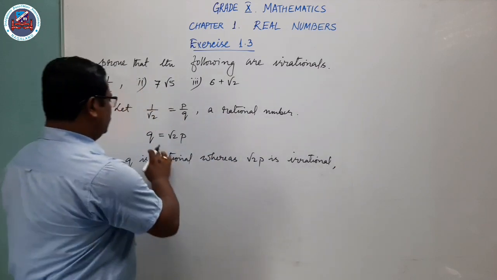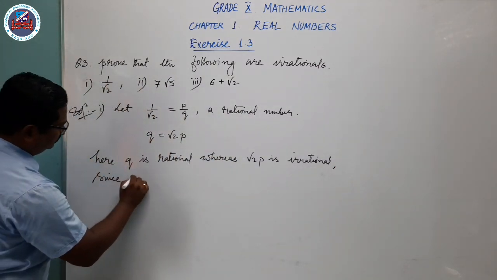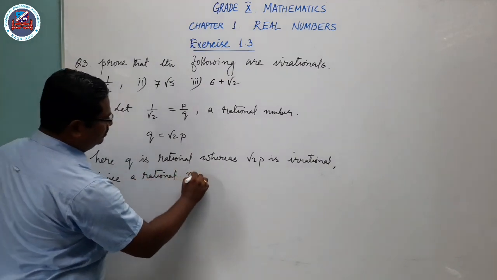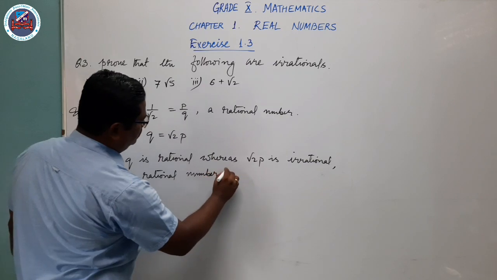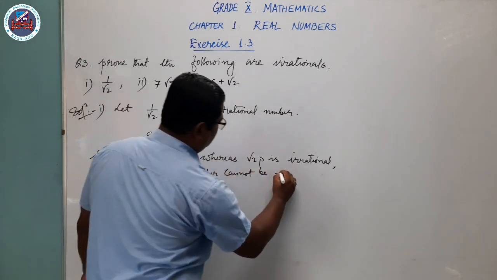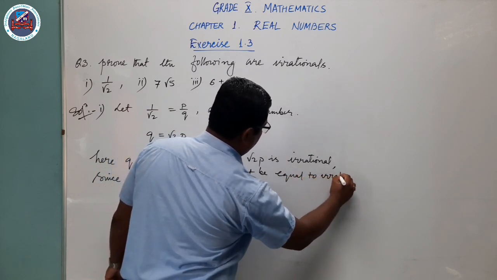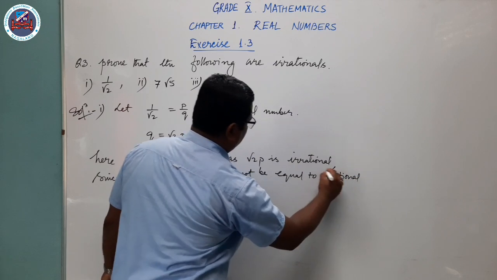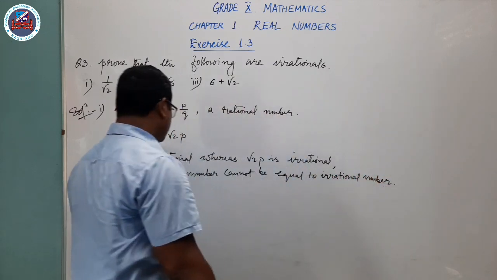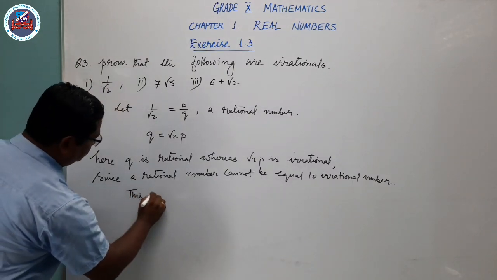Since a rational number cannot be equal to irrational number, our assumption is wrong, or this contradicts our assumption.